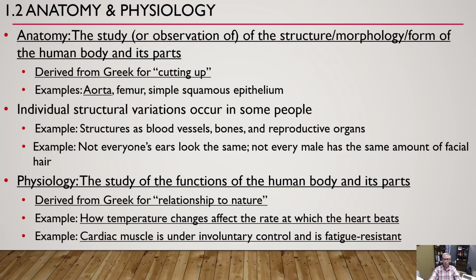Typically, if you get cold, if you're hypothermic, your heart might beat slower. Or cardiac muscle, your heart tissue, is under involuntary control. You don't have any control over how fast your heart beats. And it is fatigue resistant. Your heart muscle doesn't get tired out.